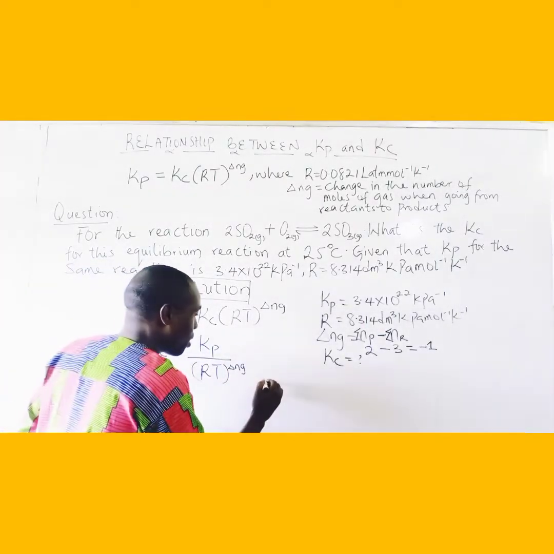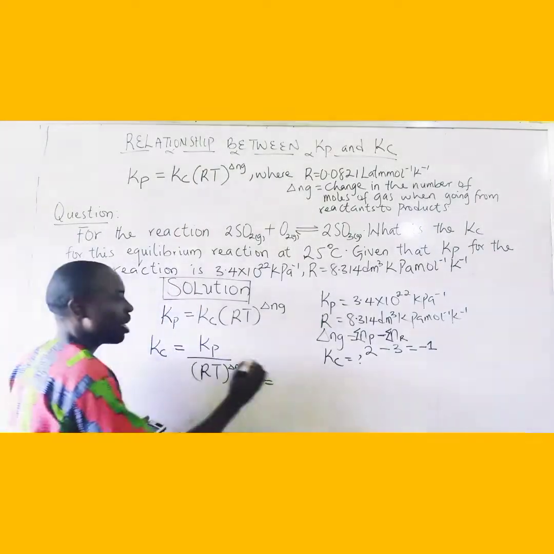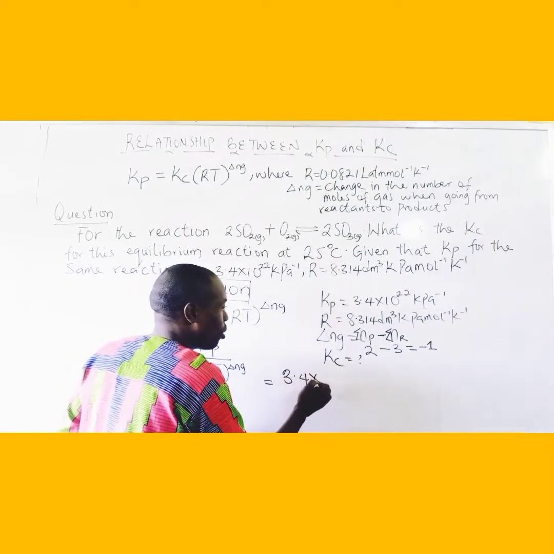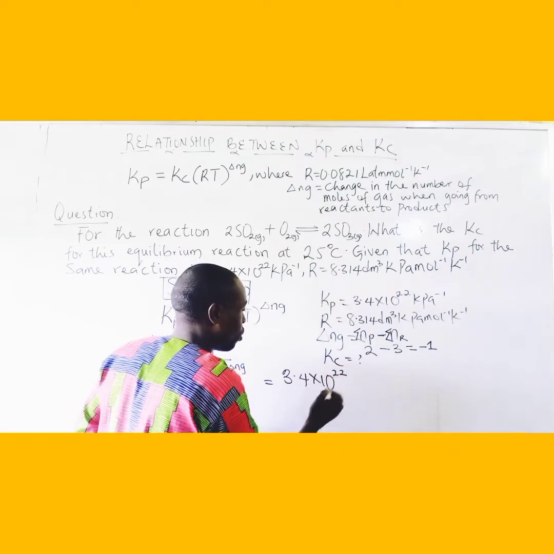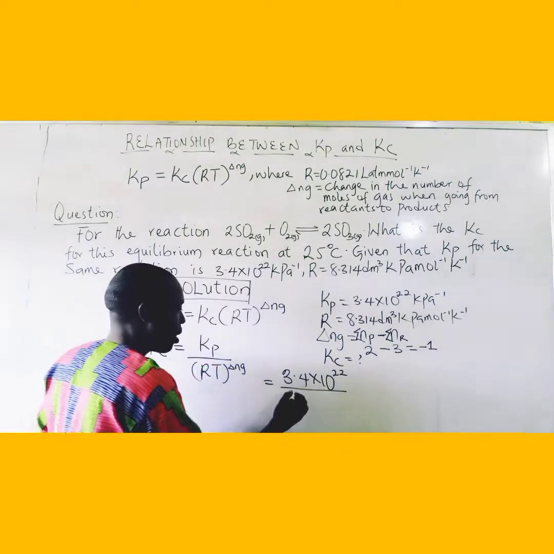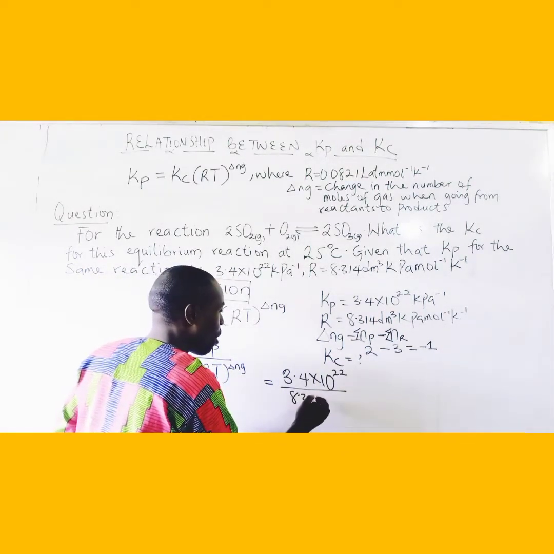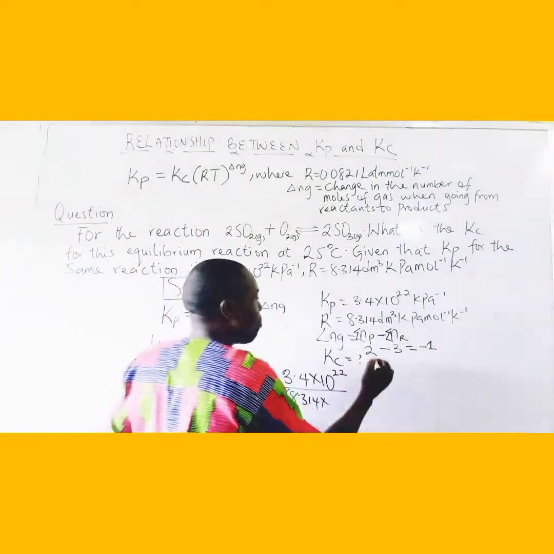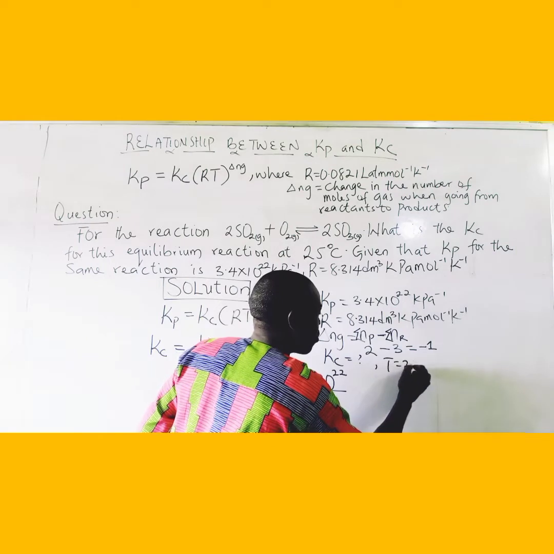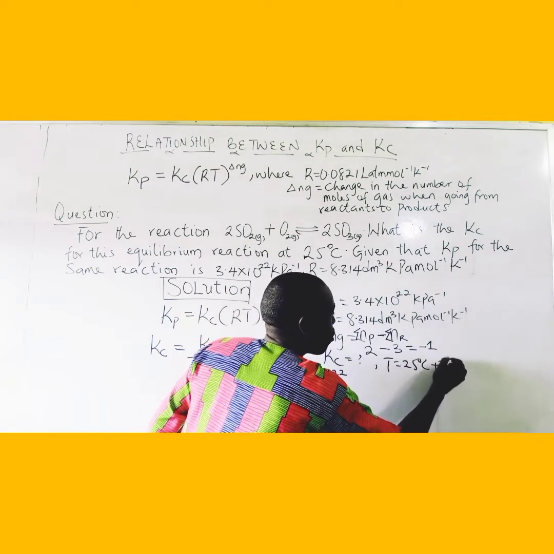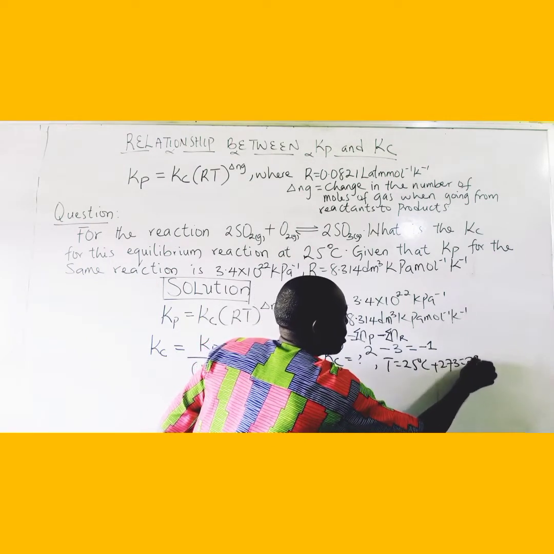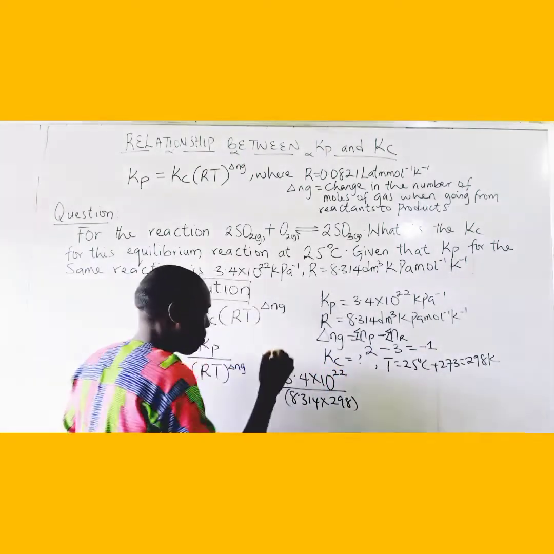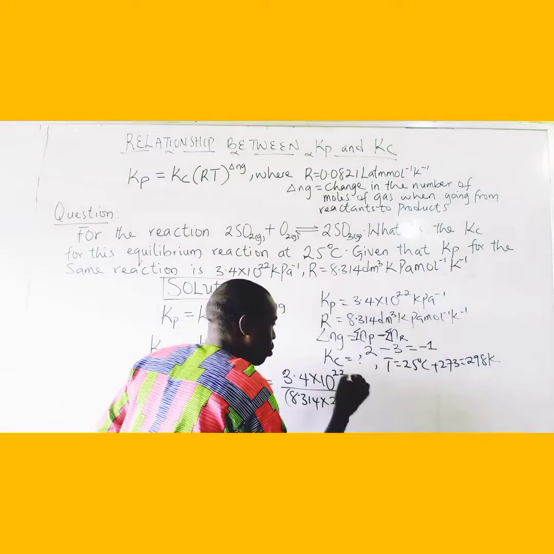So I come here to now say my Kp here is 3.4 multiplied by 10 raised to the power 22, over 8.314 multiplied by, please take note, your temperature here, which was 25 degrees Celsius plus 273, which will give me 298 Kelvin. So that is 298 Kelvin, raised to the power minus 1.